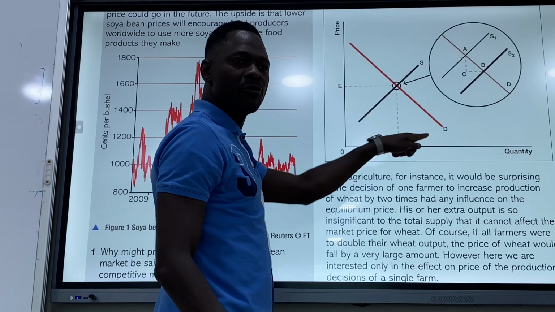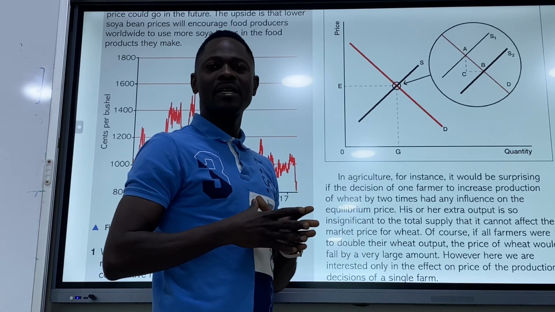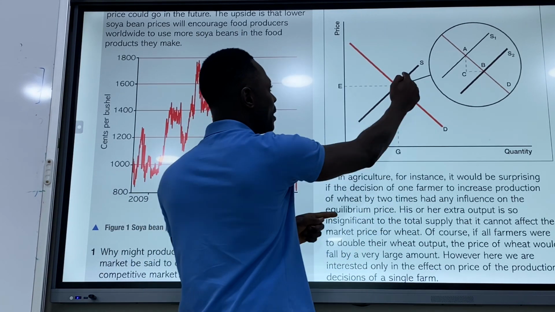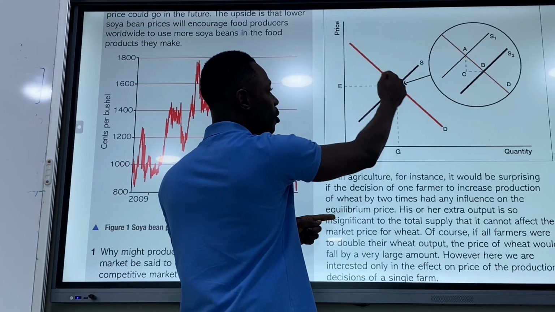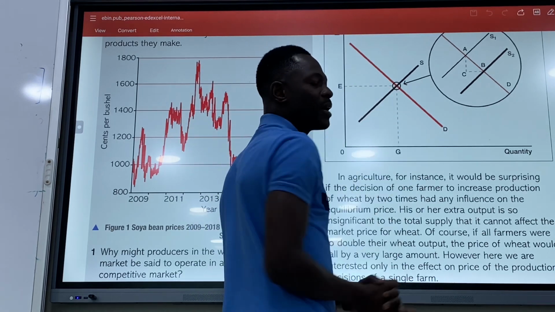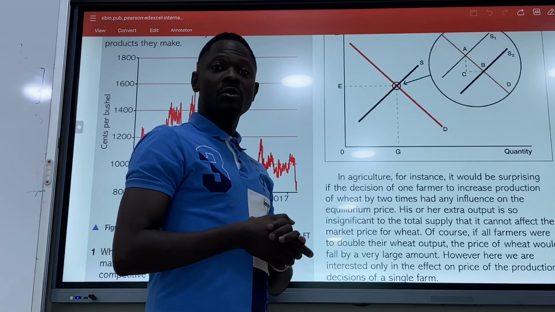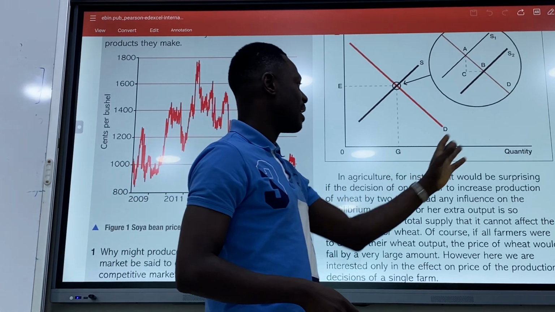Movement along this demand curve, expanding as a result of what? An increase in supply. So an increase in supply will shift the supply curve rightward, bringing about an expansion in the demand curve, which means there's going to be a fall in price. That is what they are saying here.